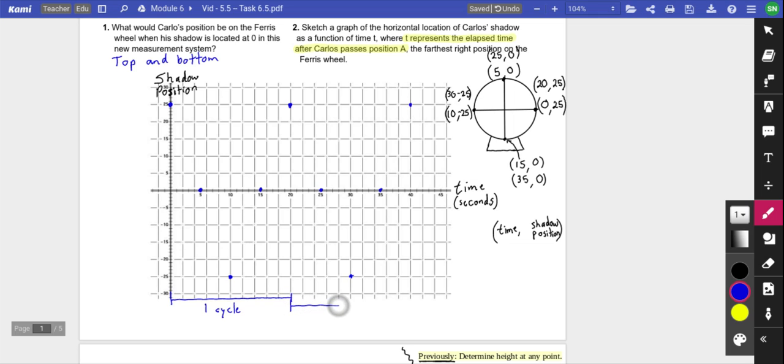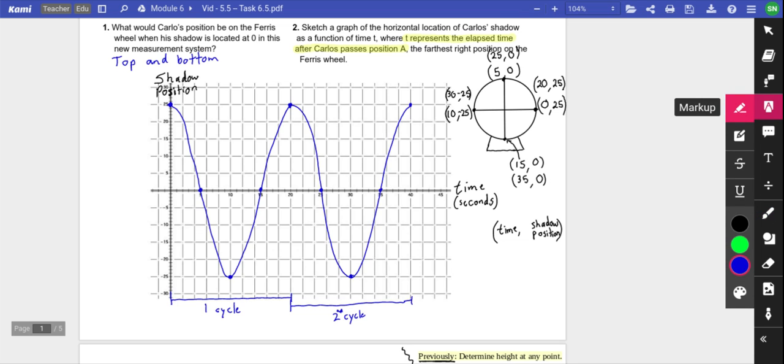This is the second cycle. We connect the points with a curved line. And we have graphed 2 cycles. And again, the first one is we start at the right, go to the top, 0, left, bottom, 0, right. We went back to where we started, so that's one cycle.